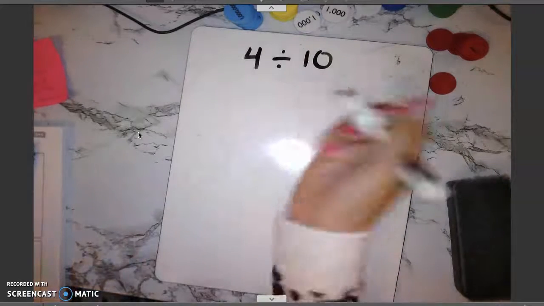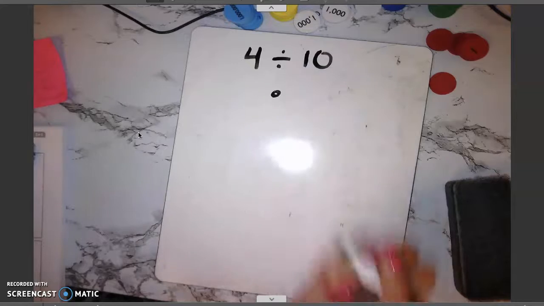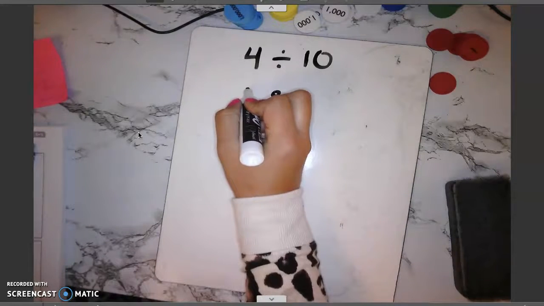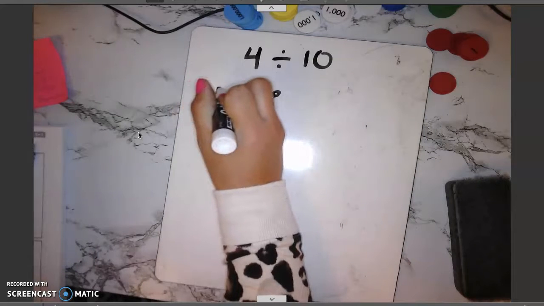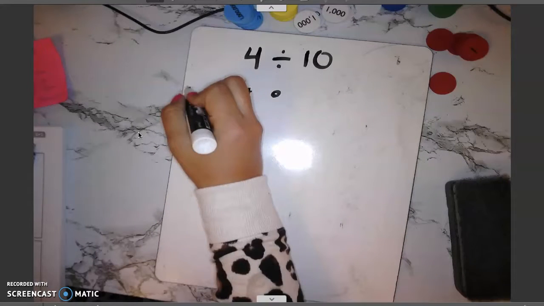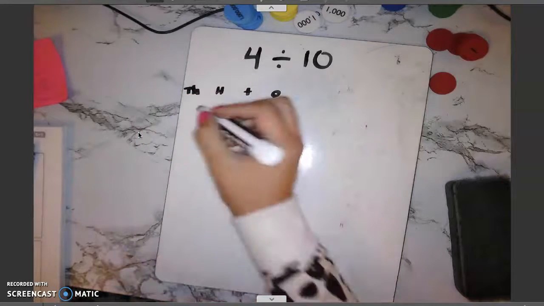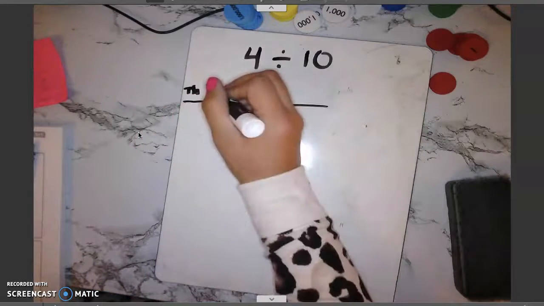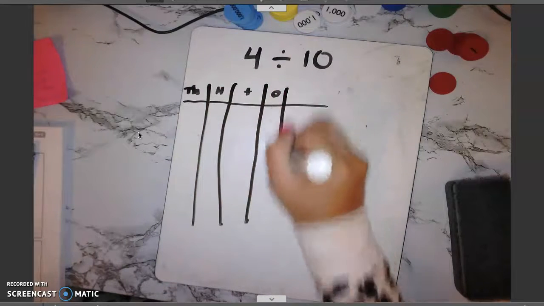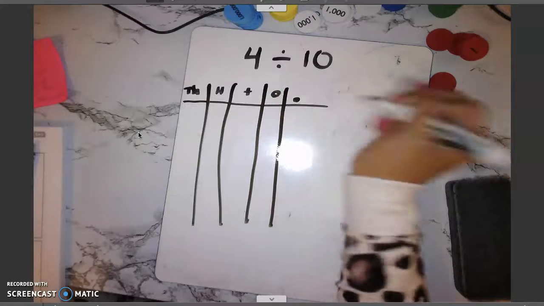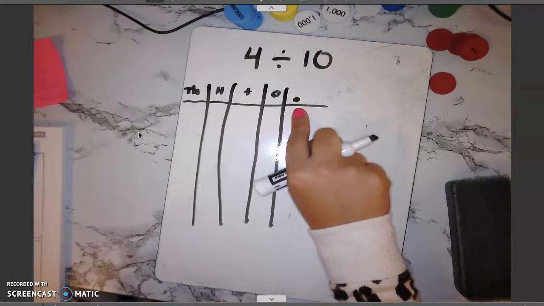On a place value chart, I have ones. I'm going to put a little O for ones, a little T for tens, a little H for hundreds, and a little TH for thousands. We know we have more place values, but I'm going to stop here at thousands. Next, I'm going to put my decimal point. We know from our learning in 4th grade, our decimal point means and.